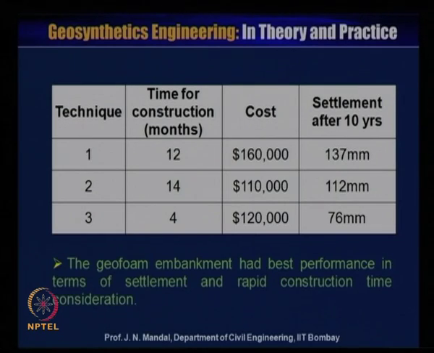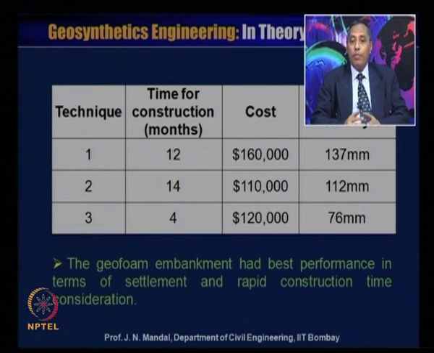Settlement after 10 years: technique 1 is 137 millimeter, technique 2 is 112 millimeter, and technique 3 is 76 millimeter. So, look, the geofoam embankment had the best performance in terms of settlement and rapid construction time. Even though it is a little bit higher in cost than technique 2, in terms of settlement and performance, this geofoam material is the best.